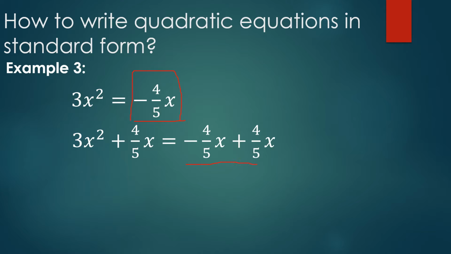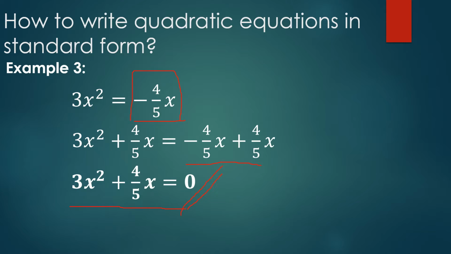By simplifying, negative 4 over 5x plus 4 over 5x is equal to 0. That's why this is our quadratic equation written in standard form.